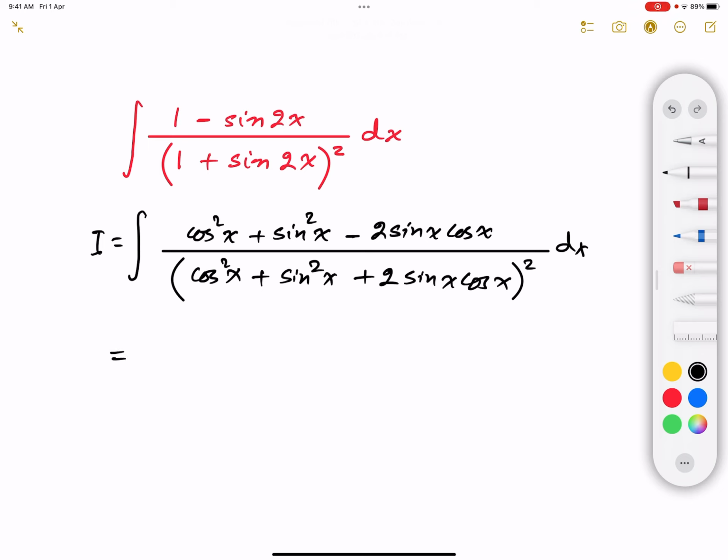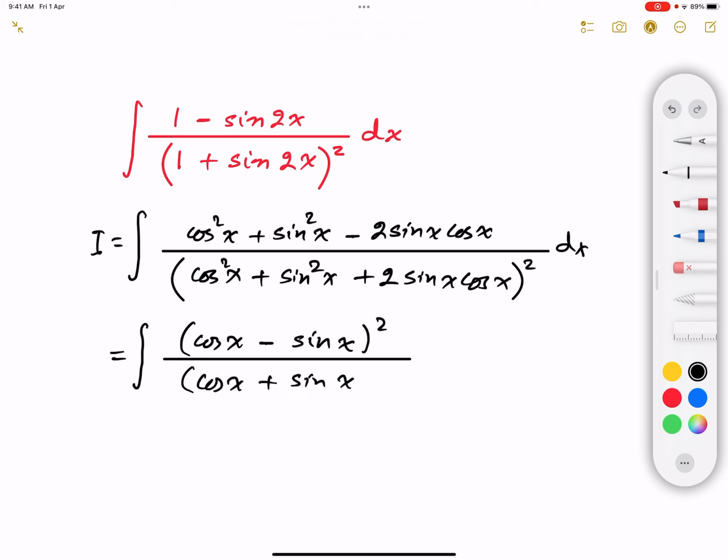Now this can be simplified. We can notice that the numerator is nothing but (cosine x minus sine x) all squared, and the denominator is (cosine x plus sine x) all to the power 4, dx.